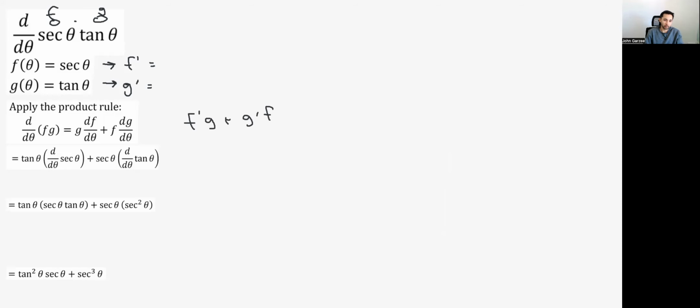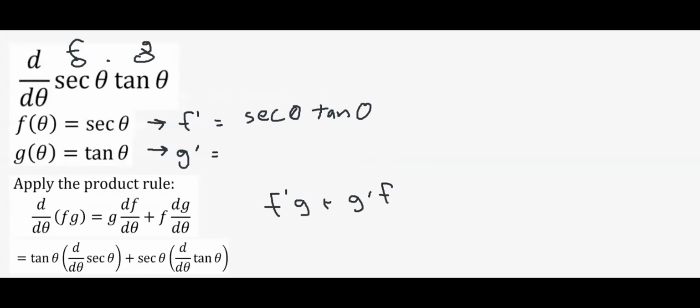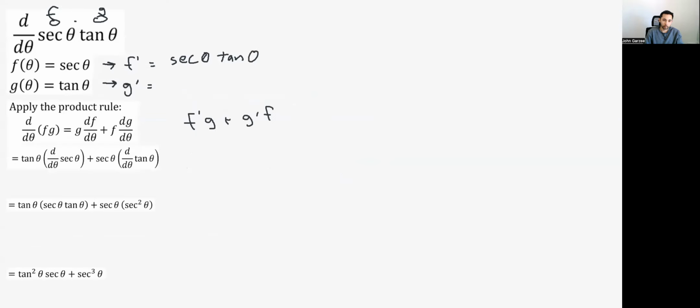So the derivative for secant is going to be secant theta tangent theta. And then our derivative for tangent is going to be, let's see, it's going to be secant squared. Okay. So now that we know what the f prime and g prime are, we can write out this equation. So we can now say that it's this.